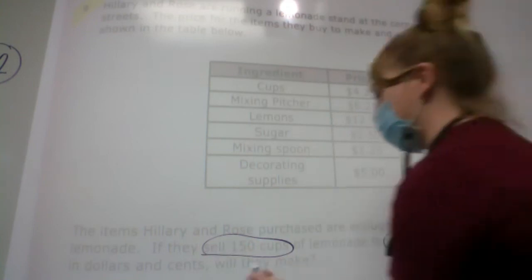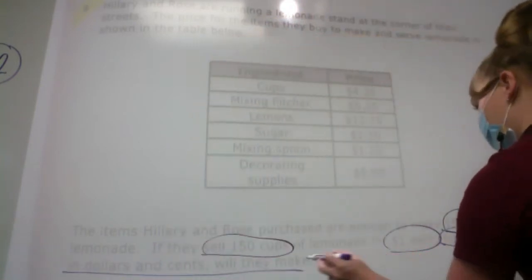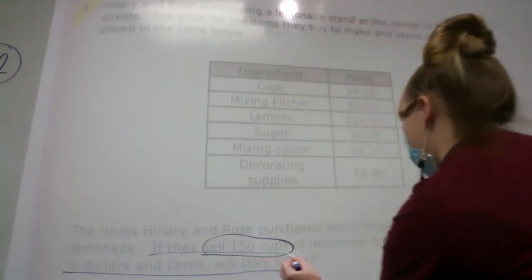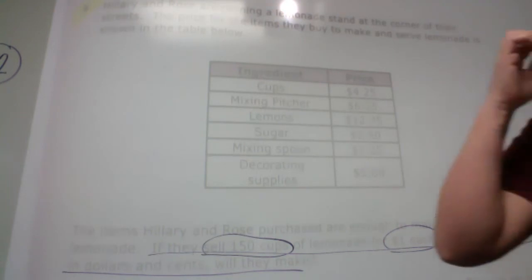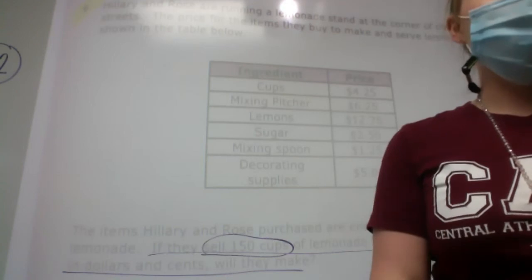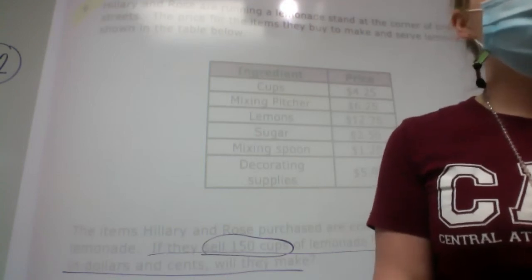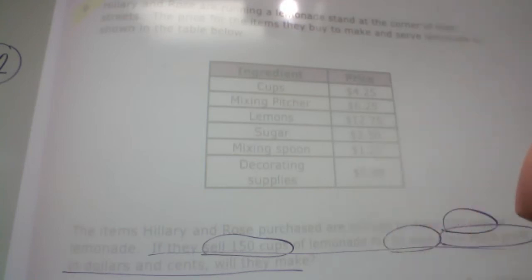Okay, so this has a little bit more to it. I'm underlining my question. If they sell 150 cups of lemonade for $1 each, how much profit in dollars and cents will they make? Okay, so are we still looking for profit? Yes. Yeah, so the question has us looking for profit, but there's just more steps in this one.